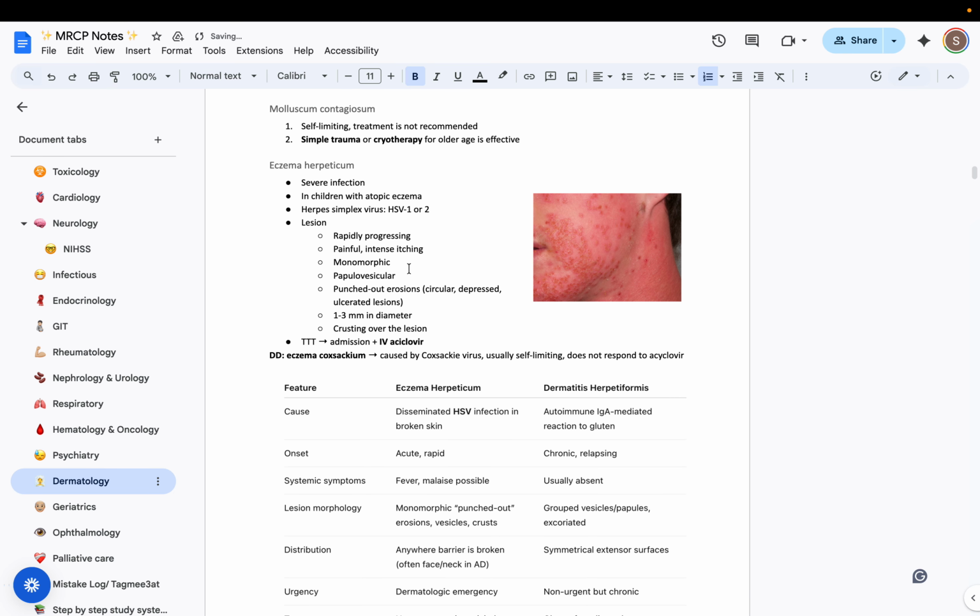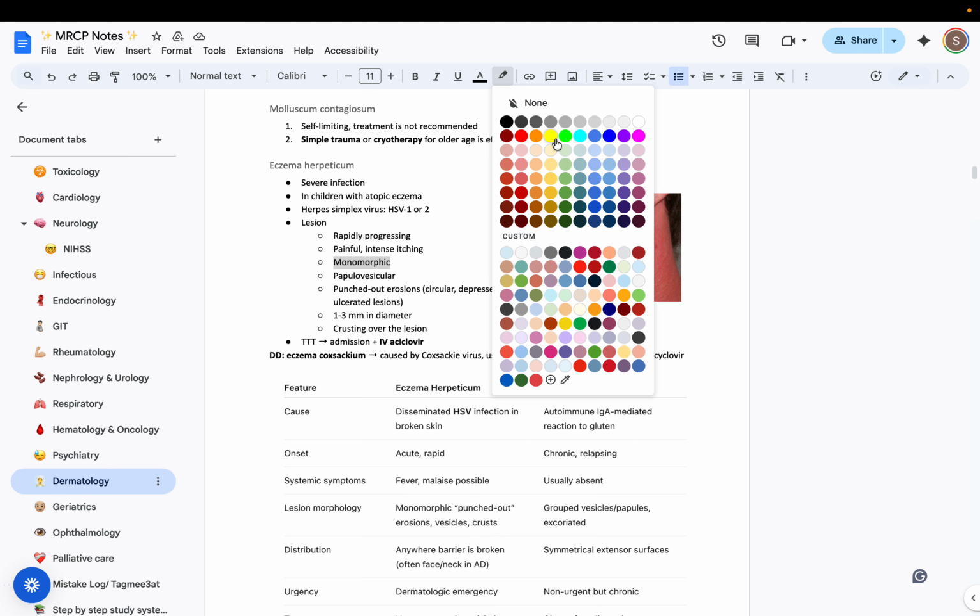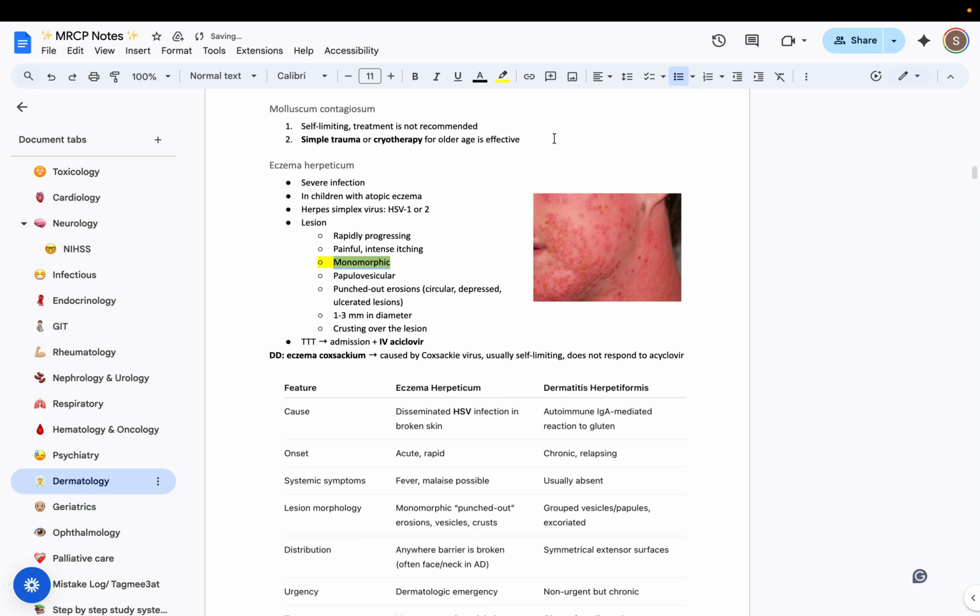Eczema herpeticum is a severe infection that happens in children who have atopic eczema and then get infected with herpes simplex. The lesions are rapidly progressing, painful, intensely itching, monomorphic. This is an important one because I picked polymorphic in a question. It's monomorphic, papulovesicular, punched out, and the treatment would be IV acyclovir.